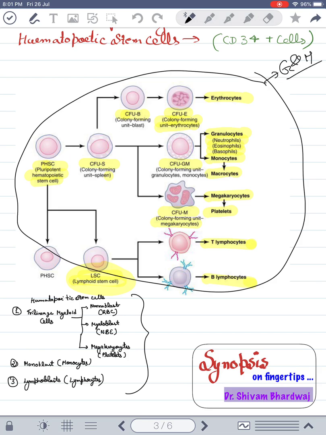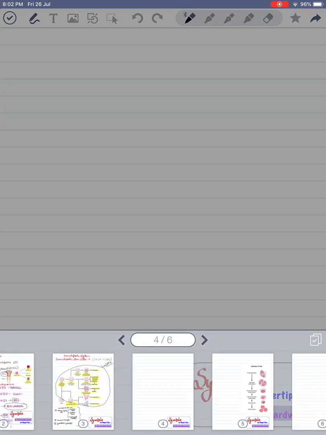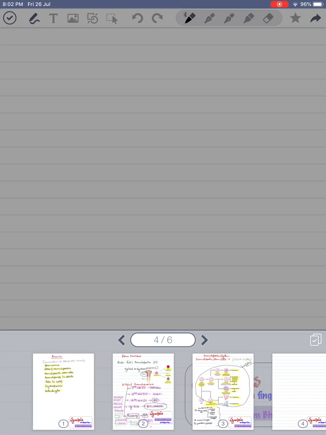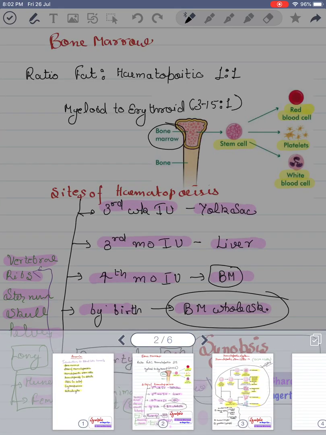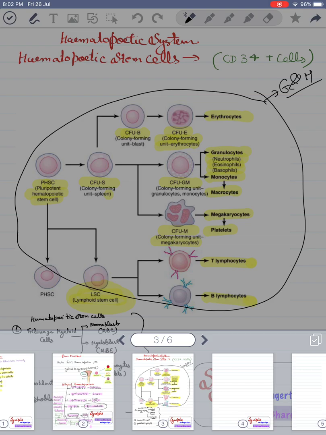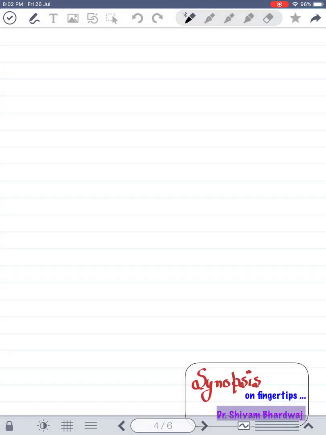Now coming to the next topic, that will be our RBC. If we talk about the RBCs itself, RBCs are red blood cells, also known as erythrocytes, and these red blood cells are biconcave in shape.